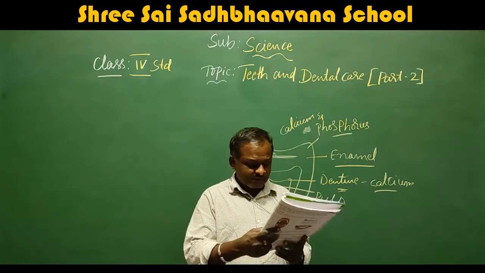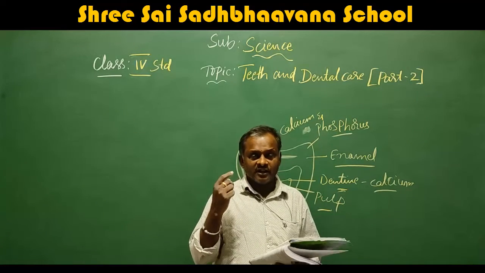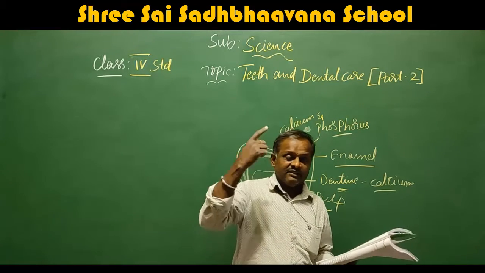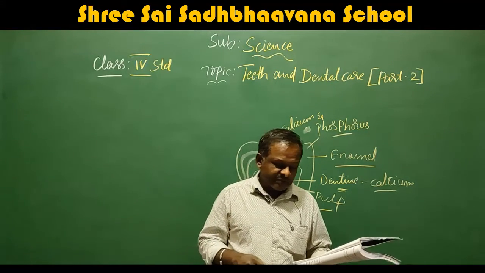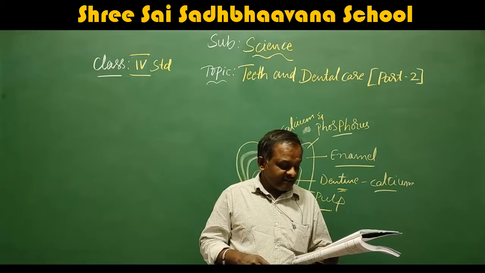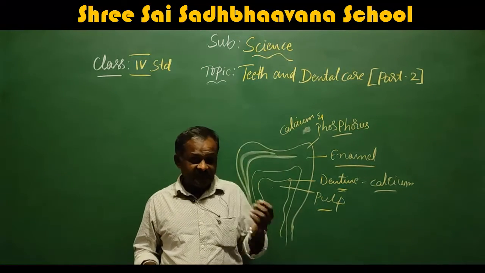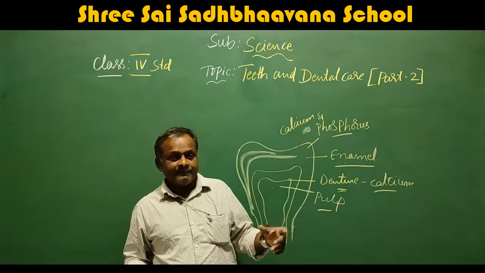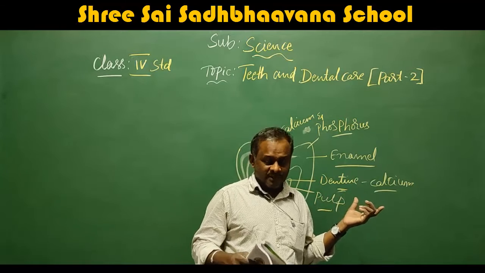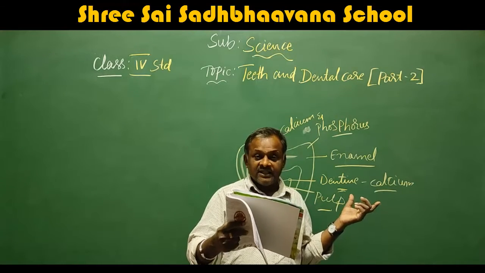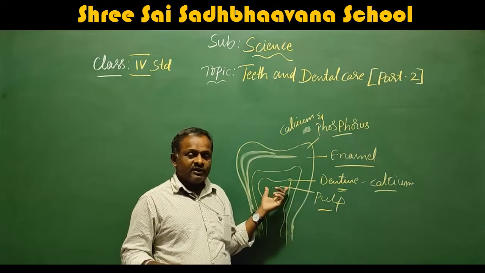The pulp sends messages to the brain about the sensation. What we are eating, either cold or hot, the sensation is given in the form of messages to the brain. The pulp also contains the tooth's blood vessels which feed the tooth and keep it alive and healthy. They supply oxygen as well as food to the tooth, because the tooth is a living organ.